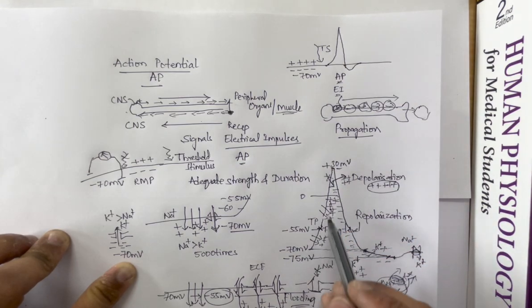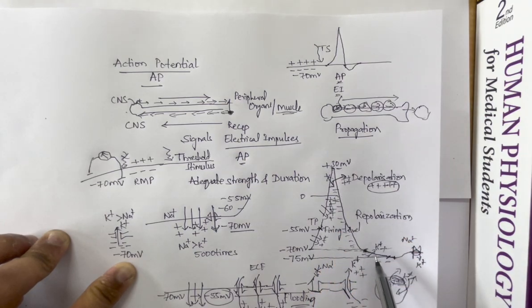These sequential changes in the cell membrane potential with the application of a threshold stimulus is action potential. When a stimulus equivalent to threshold or a supra-threshold stimulus is applied, then only the action potential is generated. If the stimulus is less than the threshold stimulus, there won't be generation of action potentials.